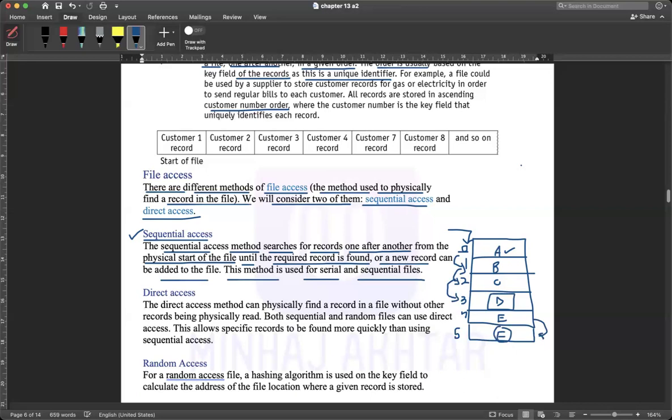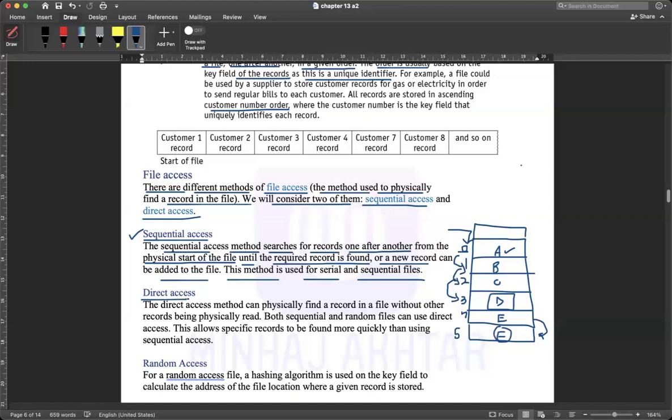It means the computer is going to follow a proper sequence. It is not possible that the record will be added here, because the whole sequence will be disturbed in this way, right? So this type of access is called sequential access.